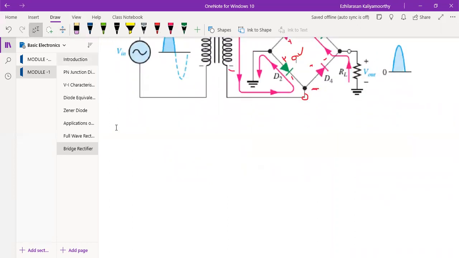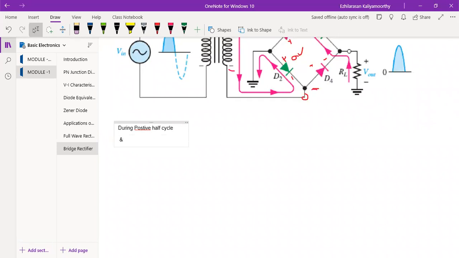Let me write: during the positive half cycle, what will happen first?